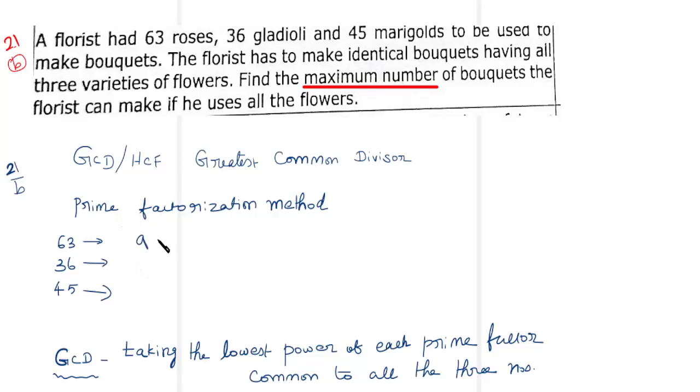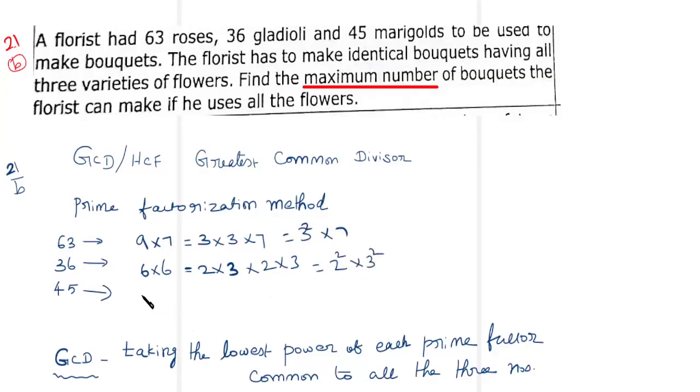63 is 9 into 7, which is 3 into 3 into 7. 36 is 6 into 6, and 6 is 2 into 3, so we get 2 squared into 3 squared.